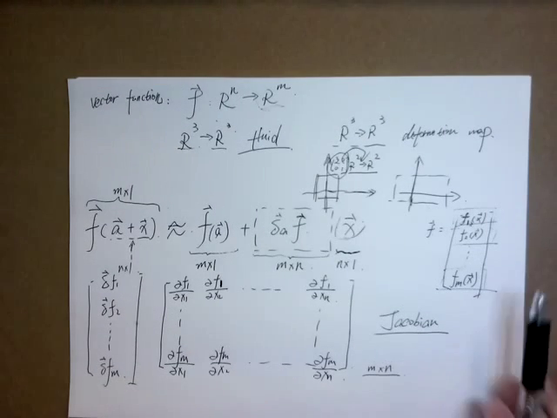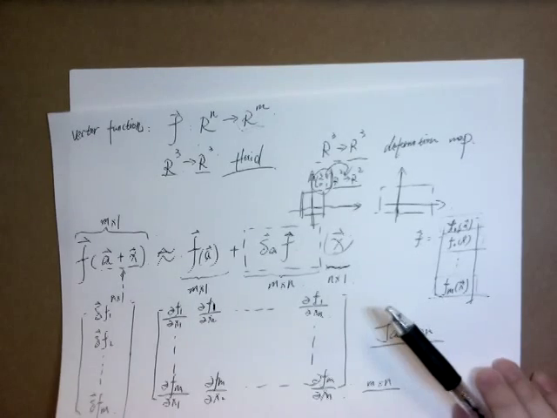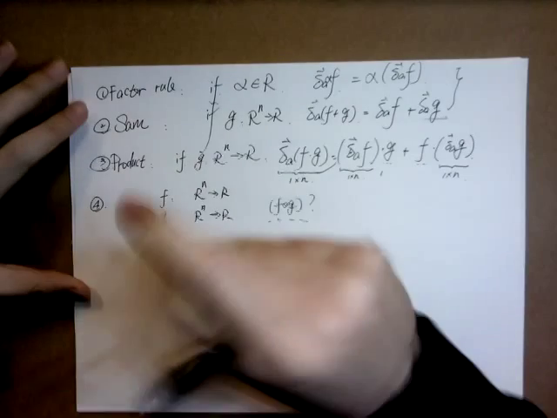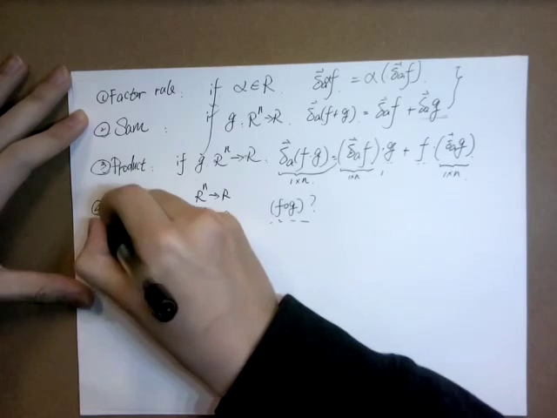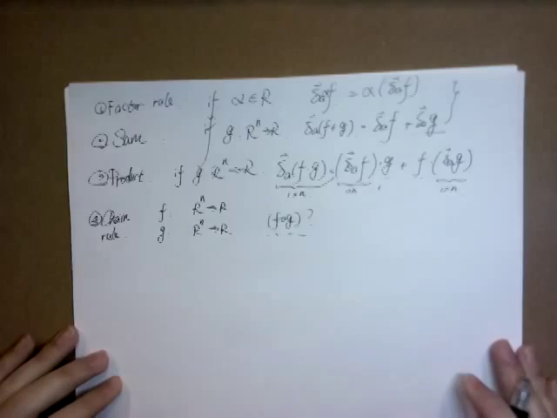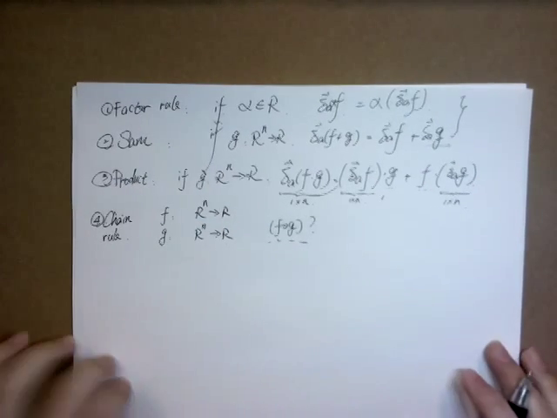Right? And once we have the Jacobian matrix, we can go back to our chain rule for multivariate functions.